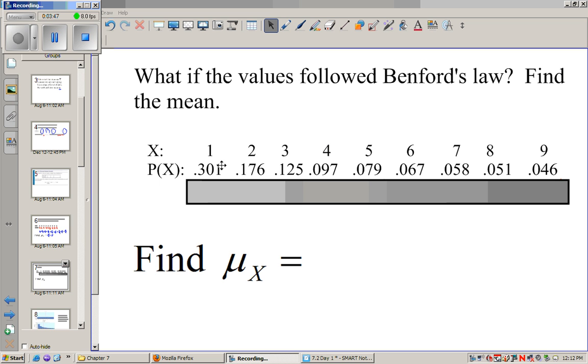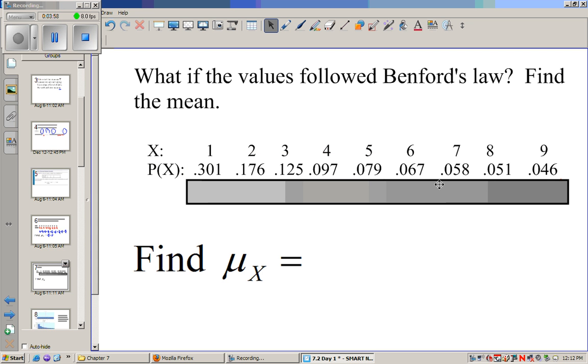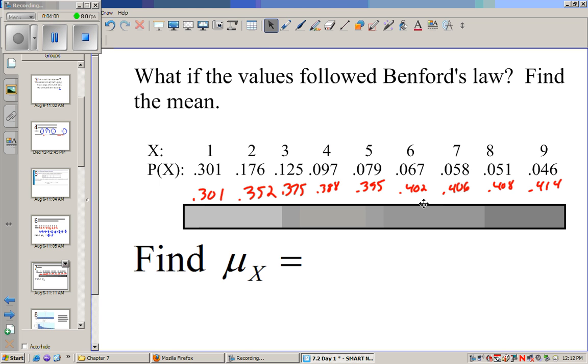All right, now if you take a second and multiply all these down on your own and pause the video, see if you can find the mean. Well, the values are here, and when I add them all up, I'll get 3.441. So that's my expected value. Notice how this one isn't in the middle.